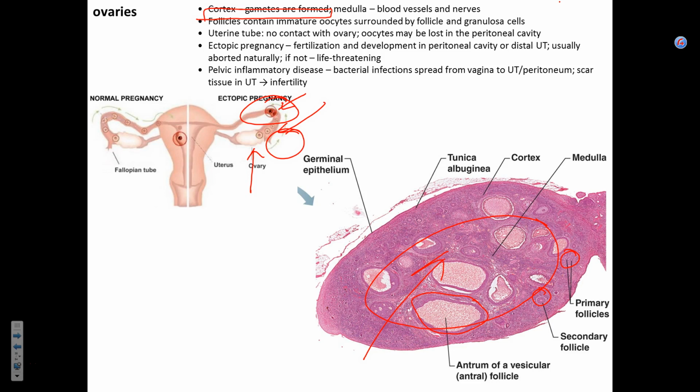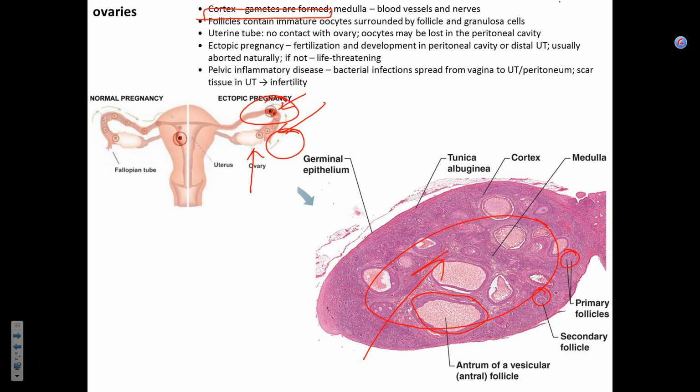And now, put yourself in the position of the oocyte. You are in the tube and you need to make it to the uterus. Do you have any devices to swim, to move? No. So you rely on the tube to move you towards the uterus. Which extracellular appendages will propel you? Cilia. The ciliated epithelium.